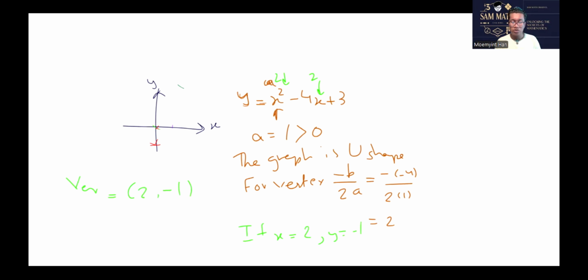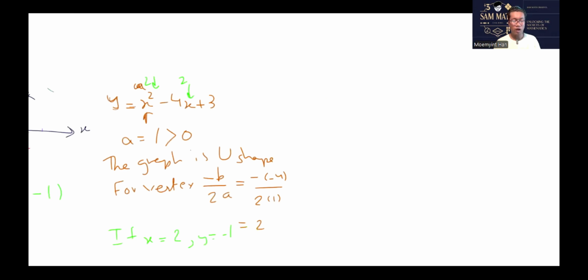If you want, you can also separate this part into a complete square, what we have talked about. So this is another way to find the vertex.